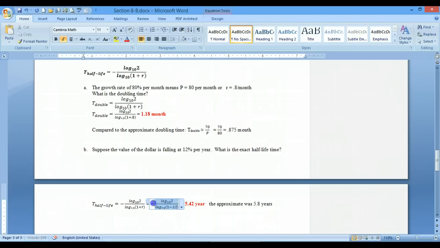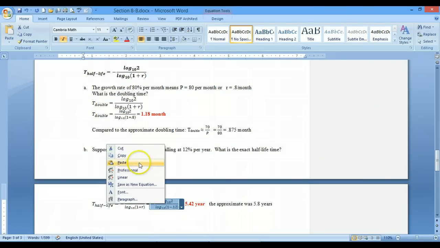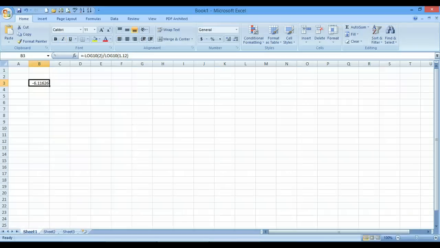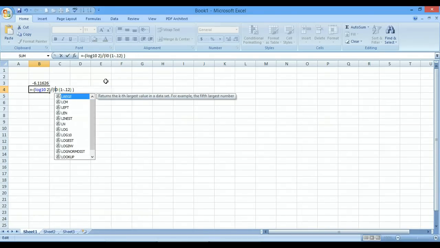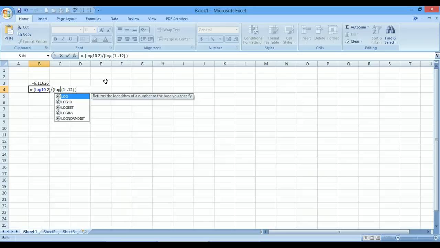I'm going to go ahead and copy and paste this into Microsoft Excel. All right, now you'll notice that it's not recognizing all of the formulas, so we're going to type it or delete these so that we get the log portion. Log 10.